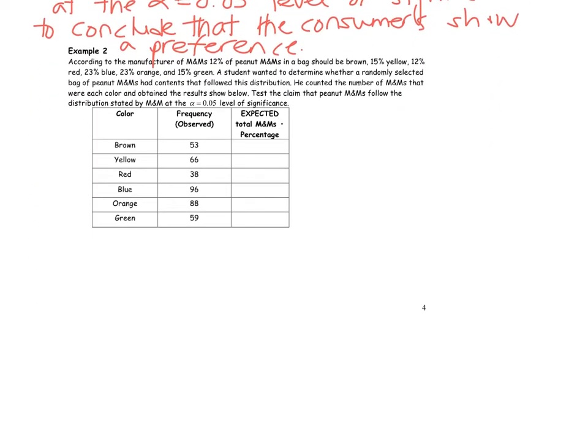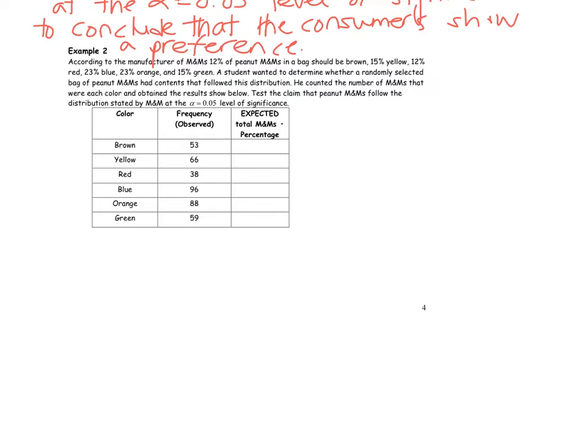Okay, let's look at another example. This one's a little bit different because it's not a uniform distribution, so let's see how we're going to handle this situation. According to the manufacturer of M&Ms, 12% of peanut M&Ms in a bag should be brown, 15% yellow, 12% red, 23% blue, 23% orange, and 15% green.